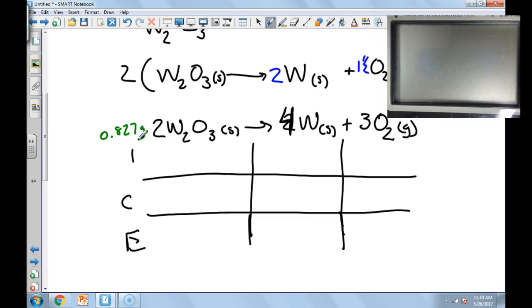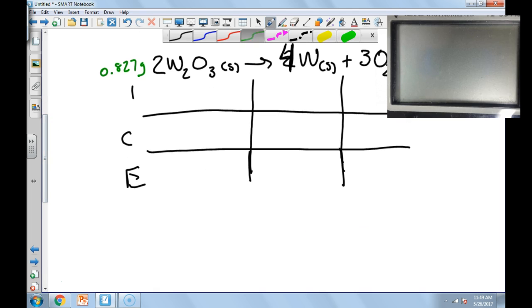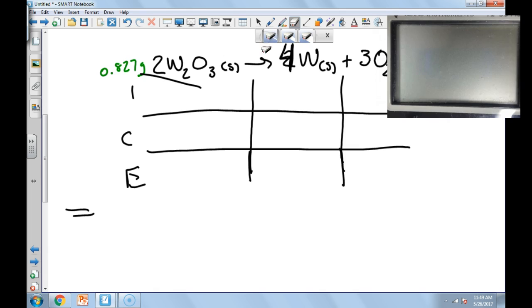Remember, the ICE chart only uses moles. So let's take this and do some work, because we're going to have to convert to moles in order to get that value in here.